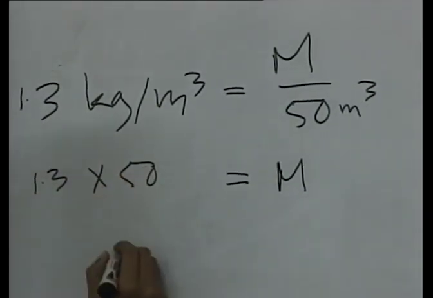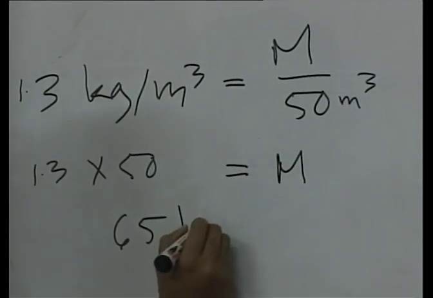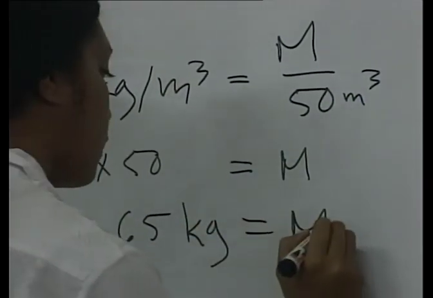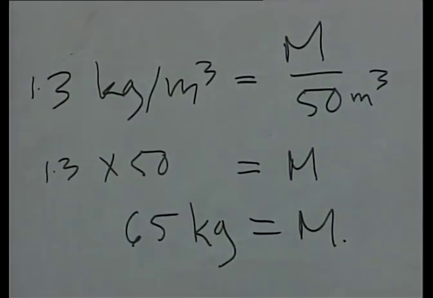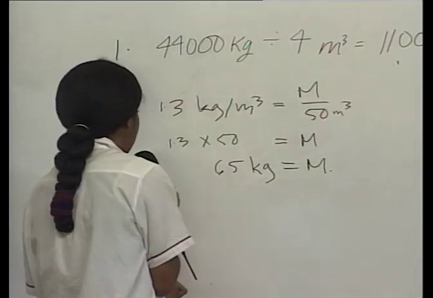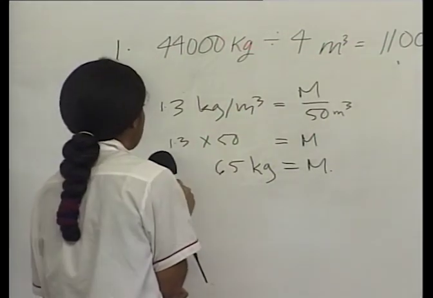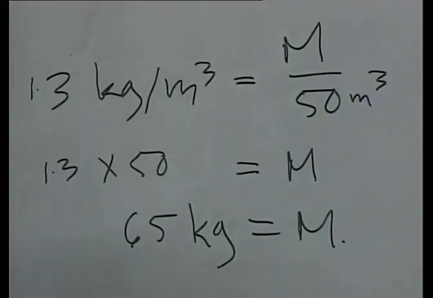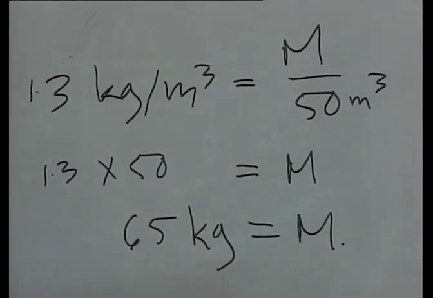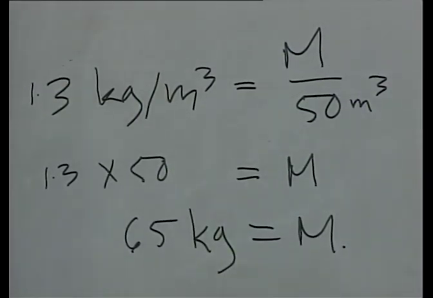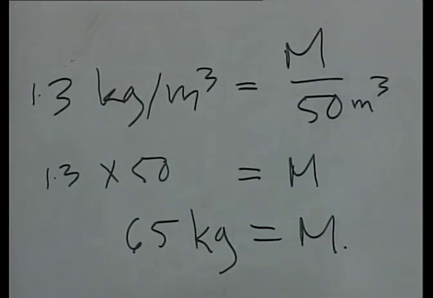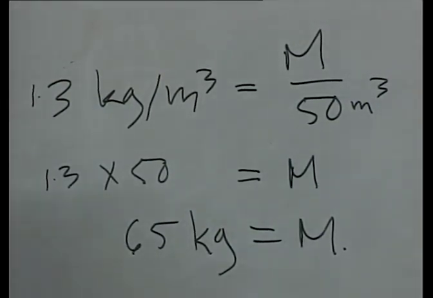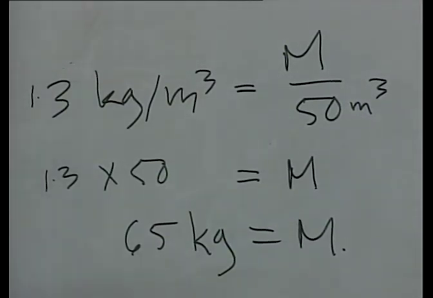What is your answer to that? 1.3 times 50. 1.3 kg per meter cube is the density, which is equal to mass over 50 meters cube, which I got from multiplying 4 meters by 5 times 2.5 meters.